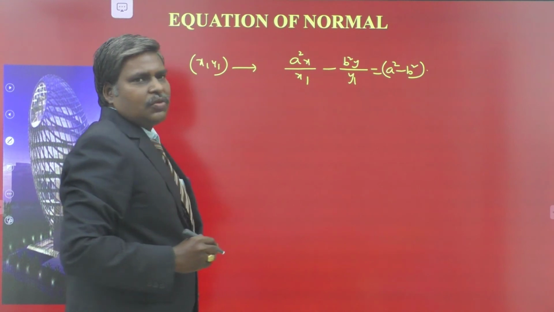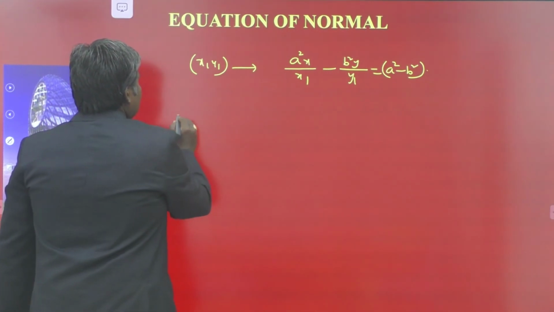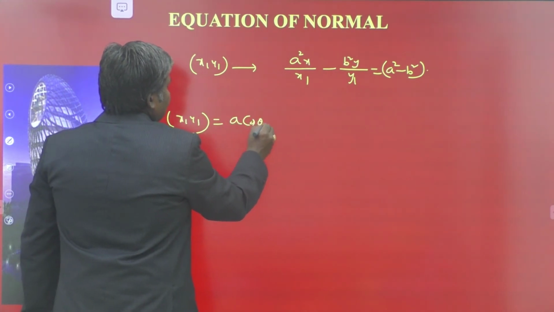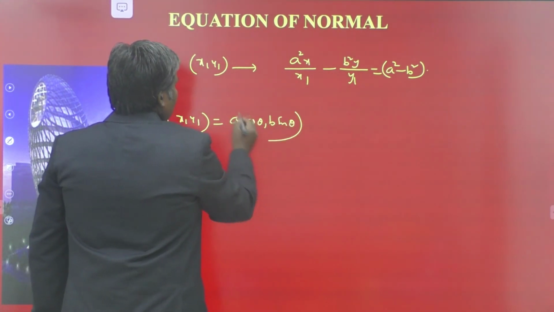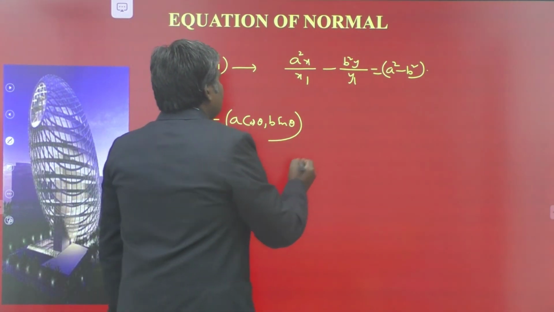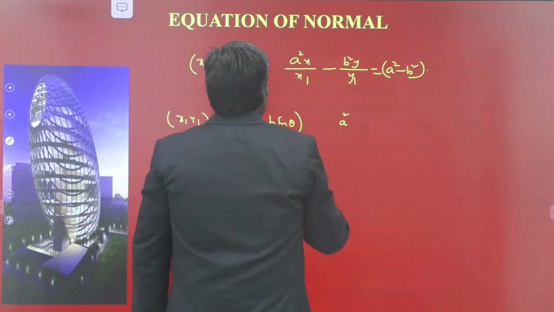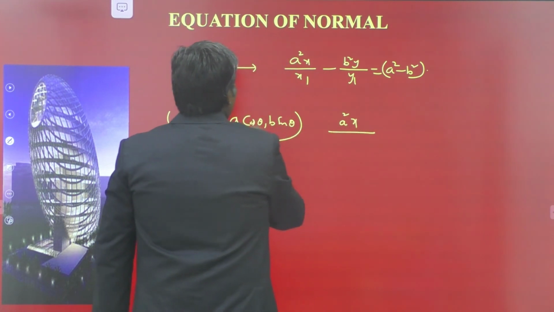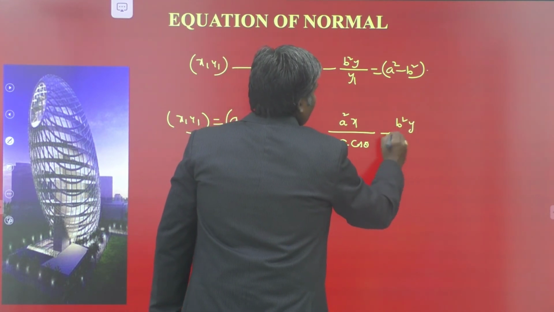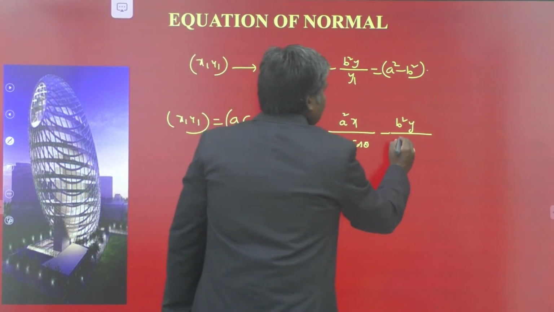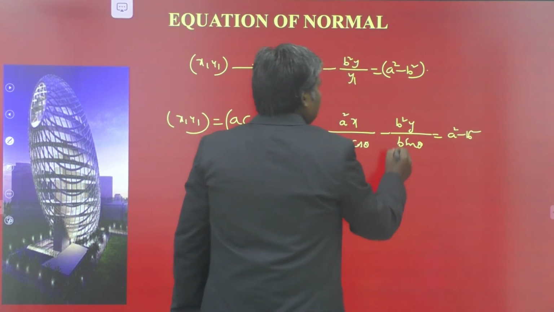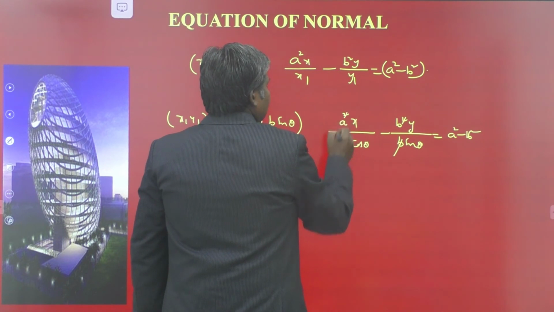Now can you find the equation of normal at P of theta or not? Suppose your x1 comma y1 is equal to a cos theta comma b sin theta. We can write the equation of normal at P of theta. What is that? A square x by x1 means what? A square x by a cos theta minus b square y by y1 means what? B square y by b sin theta is equal to a square minus b square. b gets cancelled, a gets cancelled.